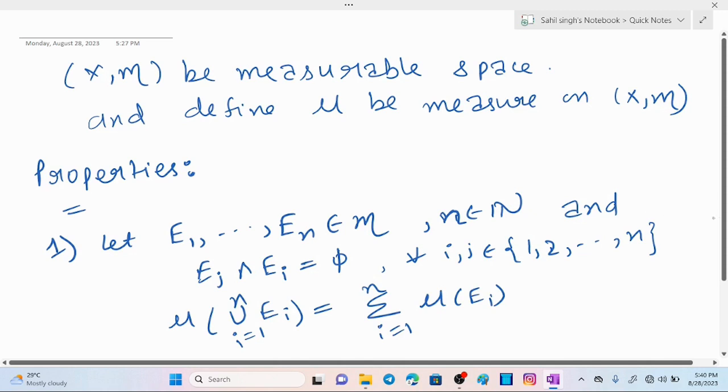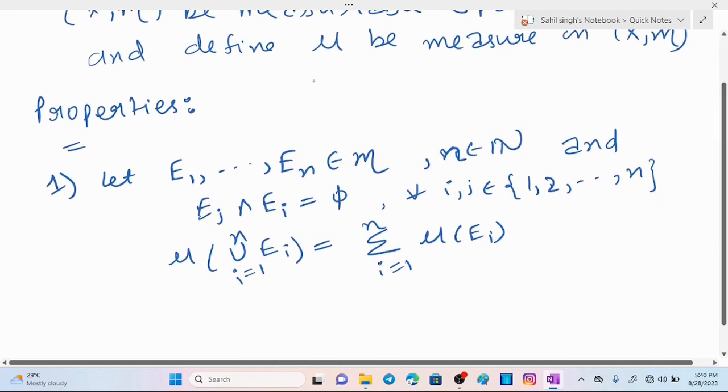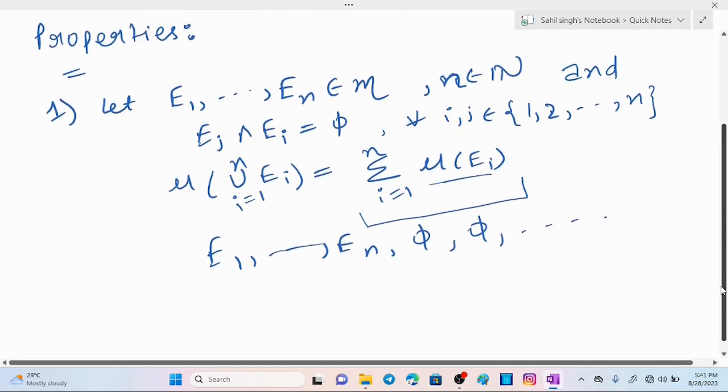So in the last lecture we have seen that when we define the measure, its property was that the measure of the union of disjoint infinite sets was the same as the summation of their individual measures. Here, if we take the sequence E1 to En, and after that we take all the remaining sets to be empty, then we reach the same conclusion.